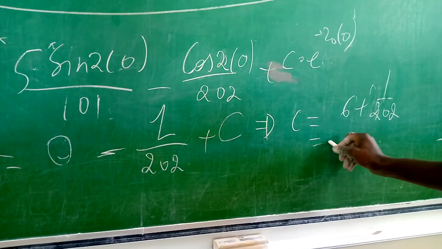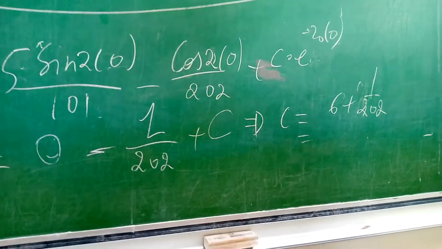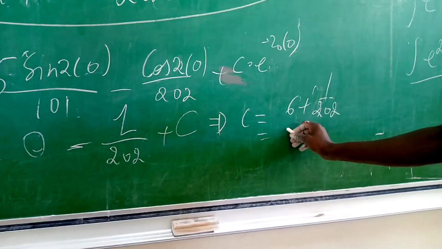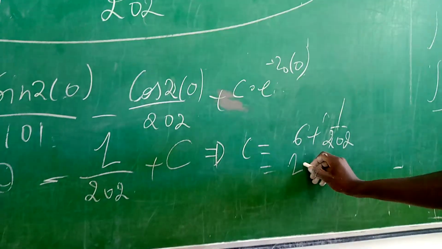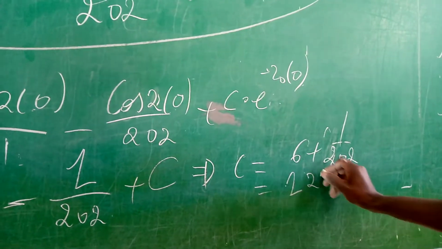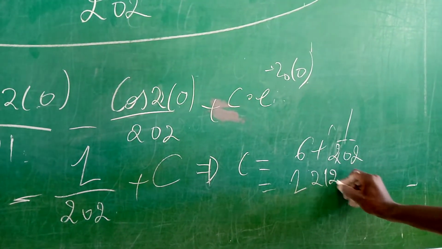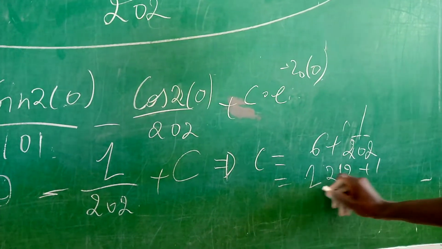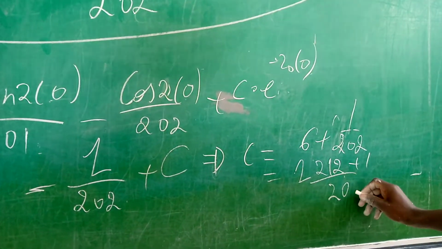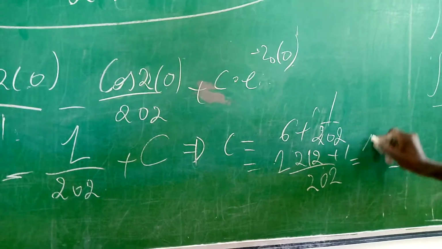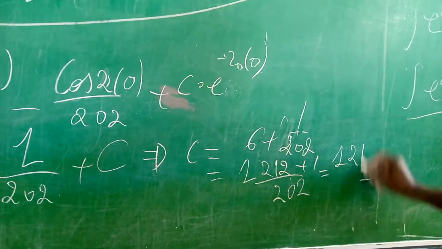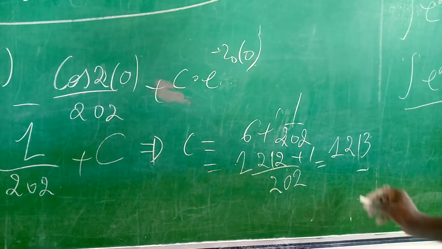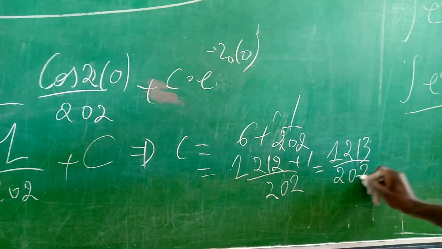Then c gives us 1212 plus 1 over 202, which is equal to 1213 over 202.